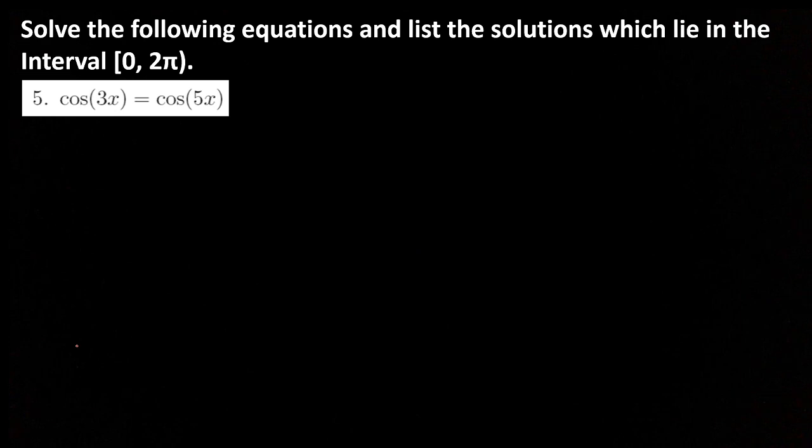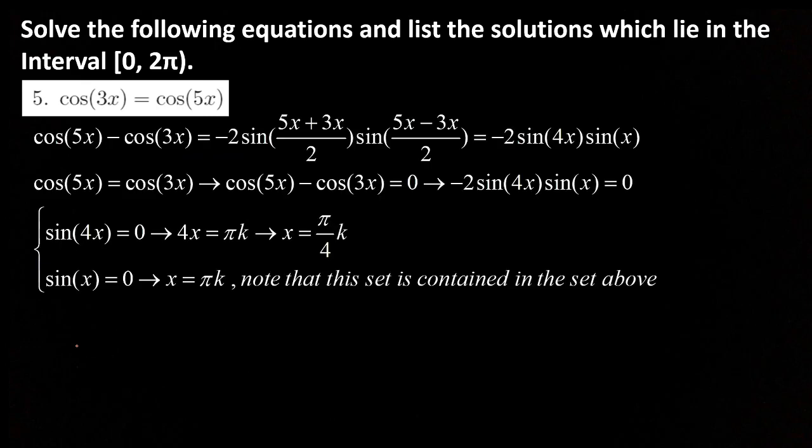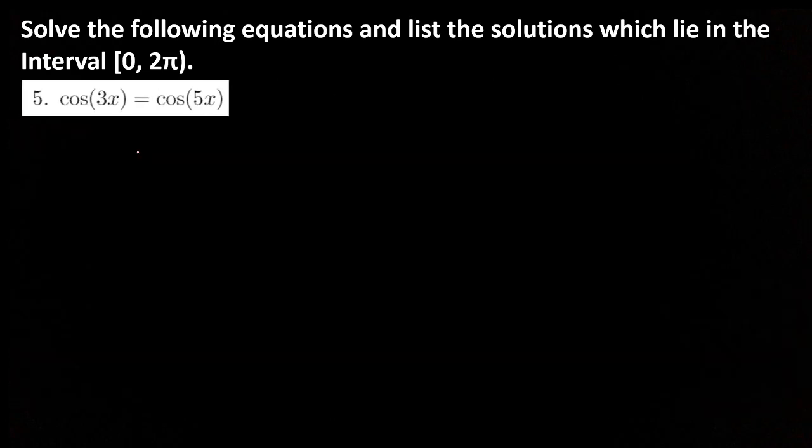And here's another one. Cosine 3x equals cosine 5x. Well, we have identities that relate those. If you look at your identities, you see the difference to product, product to sum, and sum to product. All of those formulas can help us do this.